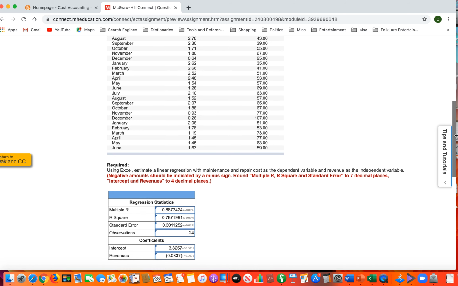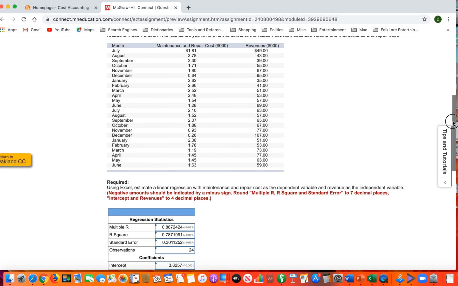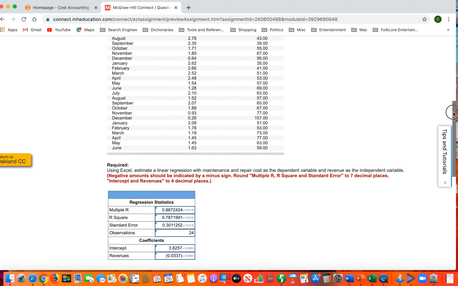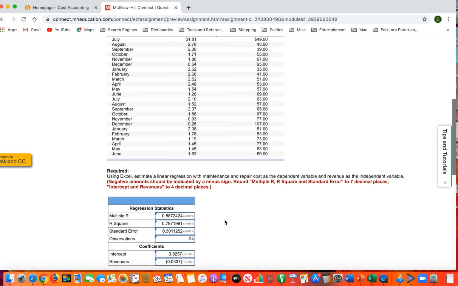Take your calculator. Again, revenue on the right is the independent variable. Therefore, we're going to multiply it by this 0.0337. It's a negative number.